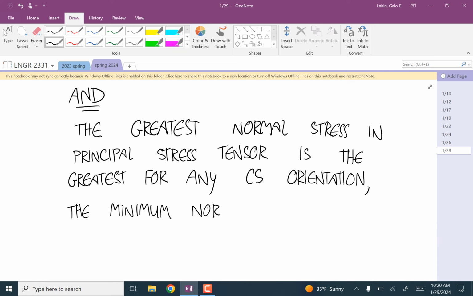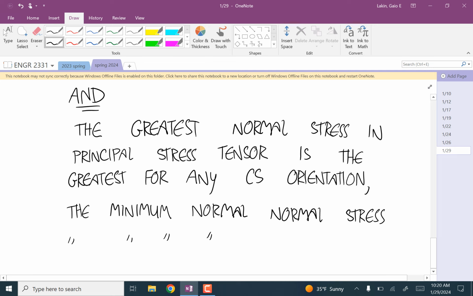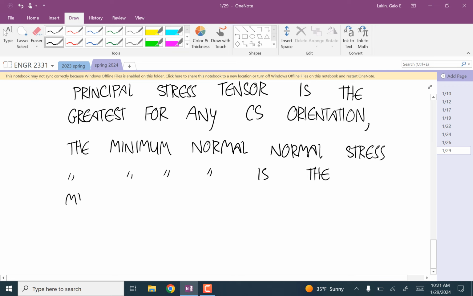So maybe they both might be negative, but the one that's the smallest negative number is going to be the greatest. The biggest negative number is going to be the minimum. But the minimum normal stress in the principal stress tensor is the minimum of any coordinate system orientation.